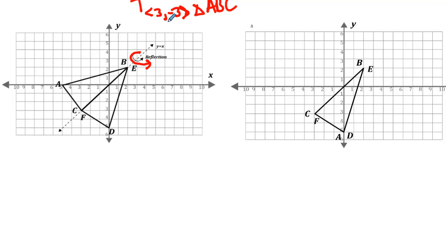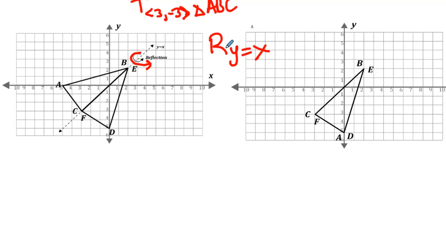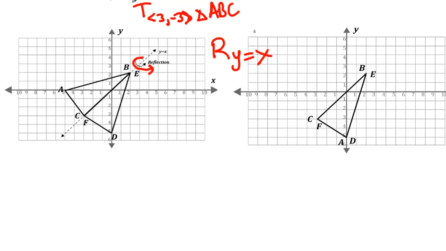So a combination of the translation and a reflection over the line y equals x shows us that these two triangles are congruent. If I was writing the answer for that, it would be some type of combination of this statement right here. All right, I'll stop being lazy.